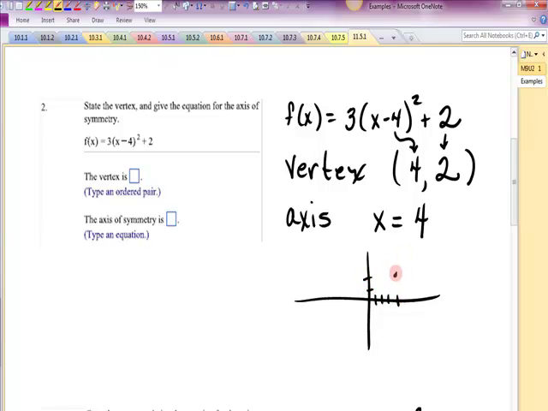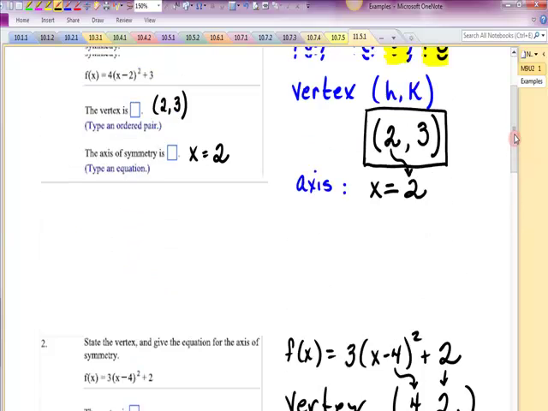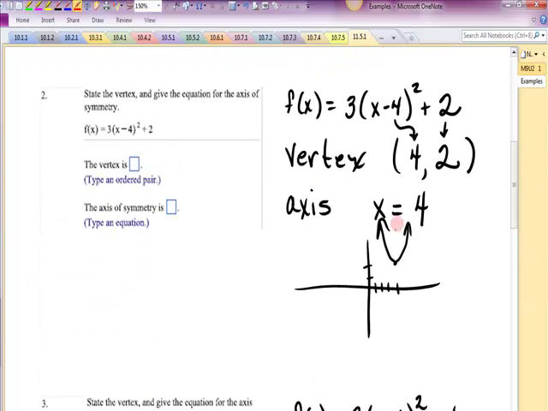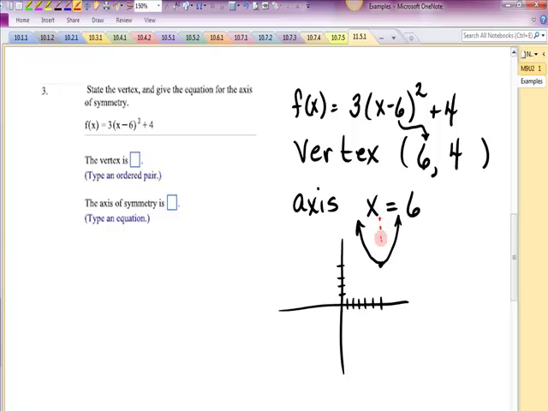It opens upward because 3 is positive, and it looks something like that. The very first one, the vertex is here, and it opens upward. Although we don't really need to draw this, there is an axis of symmetry cutting through that point.